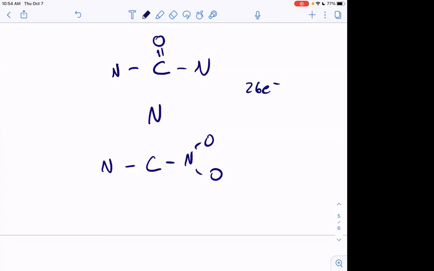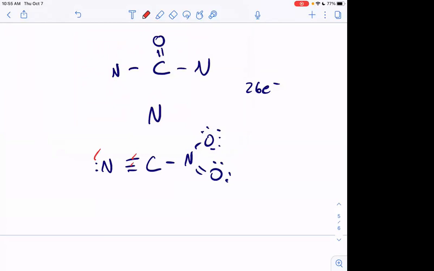So if we do this, now your carbon's got its octet, right? We could do it in order and finish these octets here, but we're going to realize we're going to need a double bond on one of these oxygens. And then we're going to complete the octet there. So let's see, what have we got?